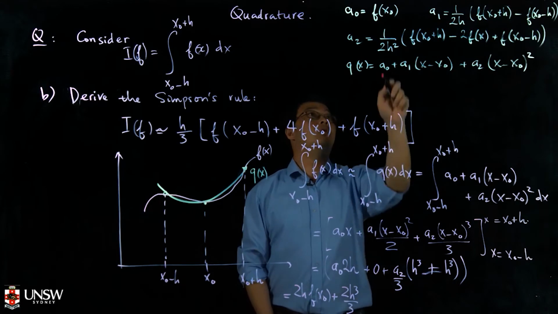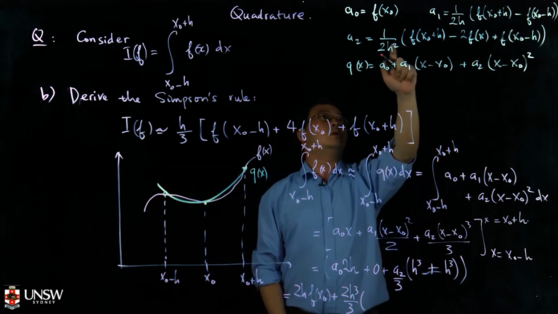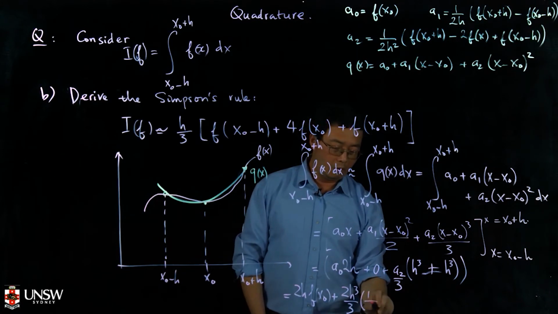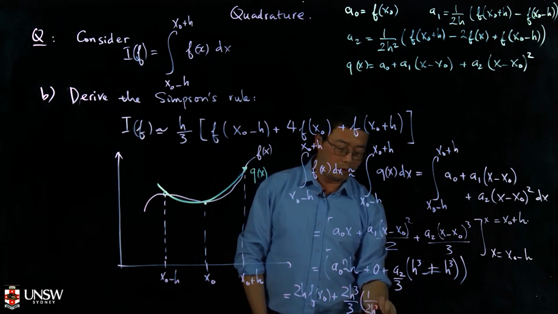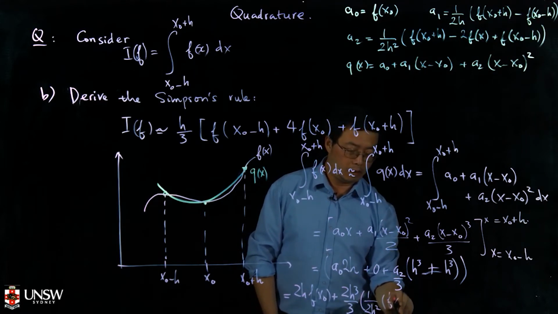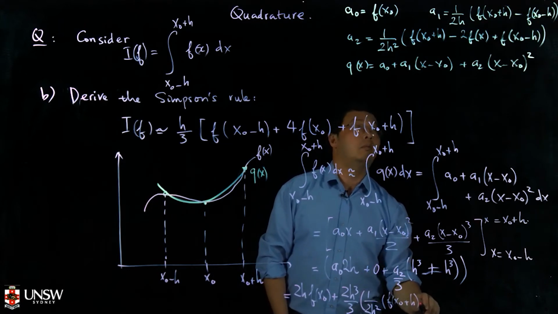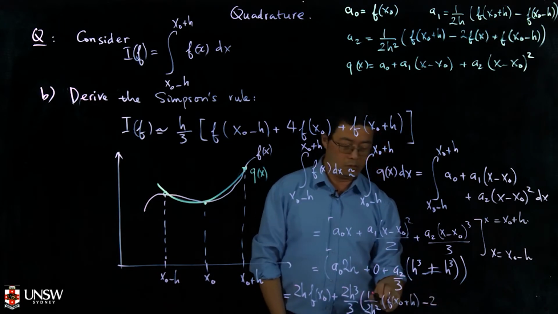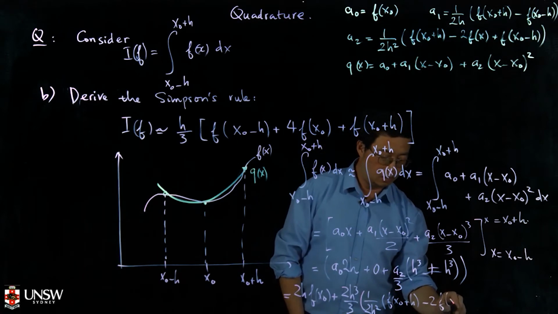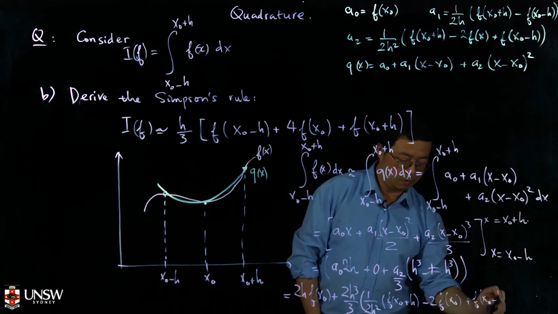You have to multiply by a2, so a2 is here, 1 over 2h squared times f(x0 plus h) minus 2 f(x0) plus f(x0 minus h).